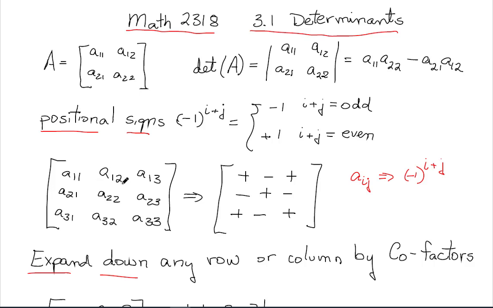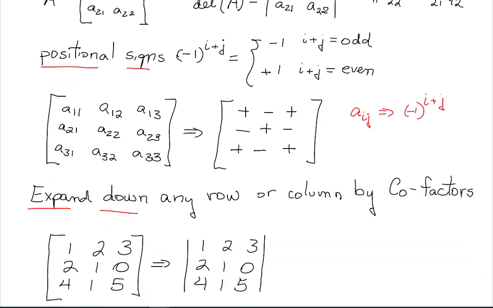Here at 1, 2, we have 1 plus 2 is 3, and minus 1 to the 3 is negative 1. So each of these places has a positional sign that's either a plus 1 or a minus 1. So again, for Aij, wherever we're talking about, there is an associated sign that goes with it.